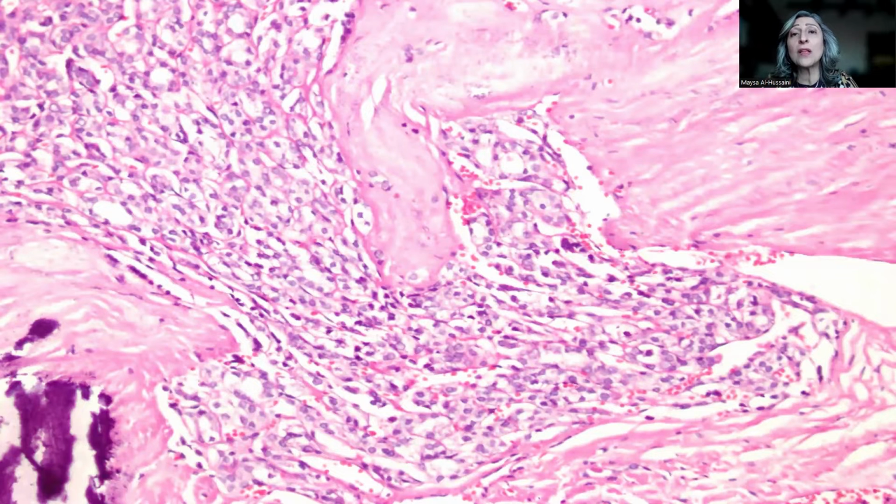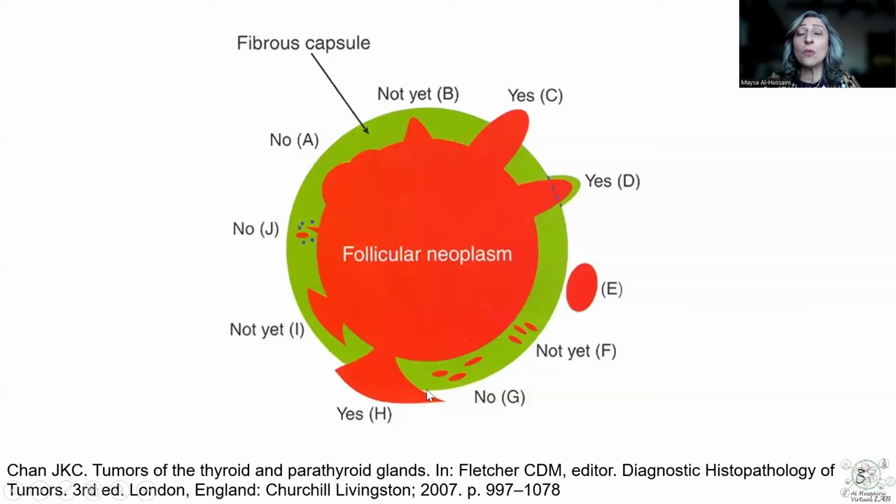Now, one question that might come here is that we're usually used to see or read about mushroom type of capsular invasion in order to qualify as capsular invasion in thyroid tumors for thyroid carcinoma. But remember this very important and elegant and extremely useful diagram of the instances where we have capsular invasion in thyroid follicular tumors or thyroid follicular carcinoma.